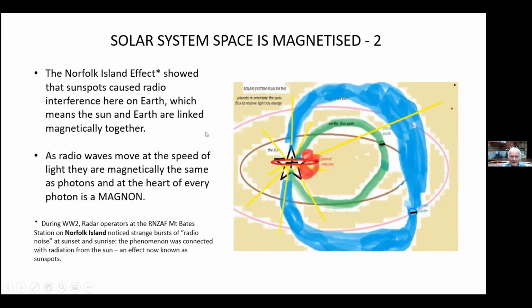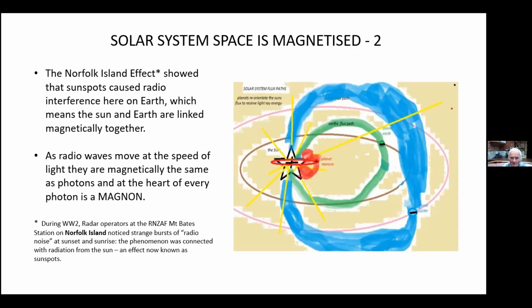The Norfolk Island effect showed that sunspots cause radio interference here on Earth, which means that the sun and the Earth are linked magnetically together, as shown on this little drawing beside the text, with the sun in the middle and the planets running round in circles. As radio waves move at the speed of light, they are magnetically the same as the photons, and at the heart of every photon is a magnon.